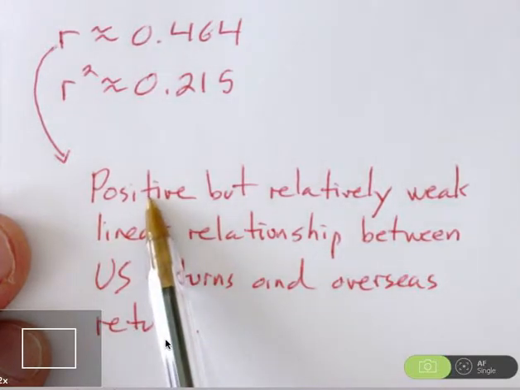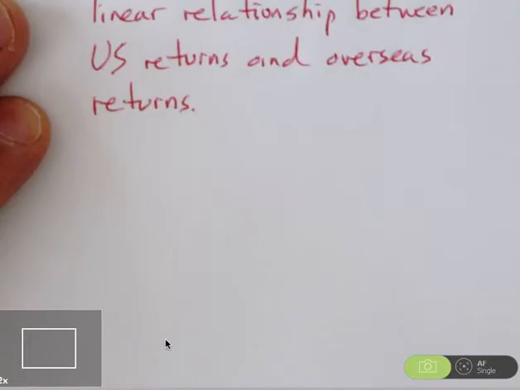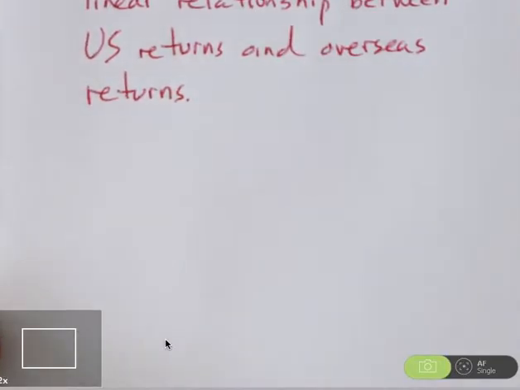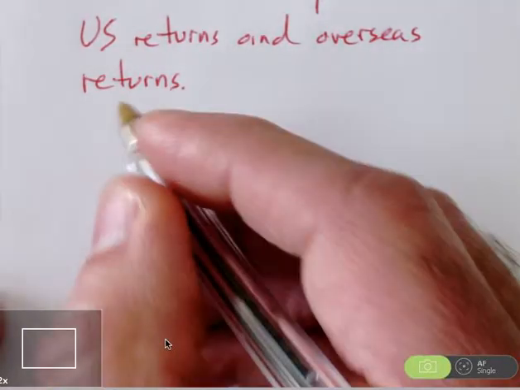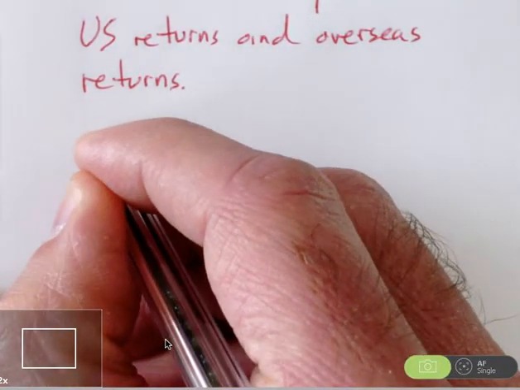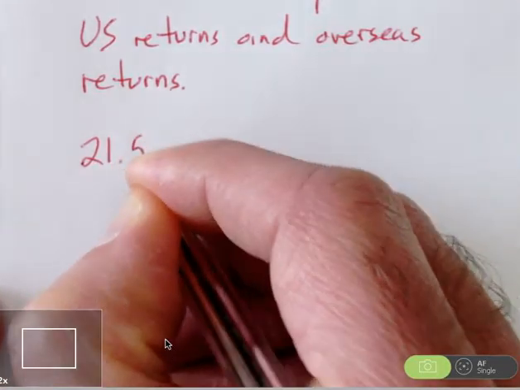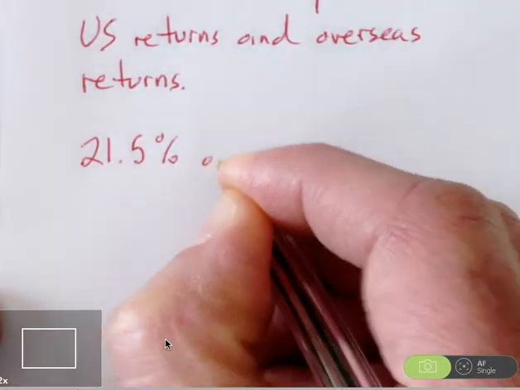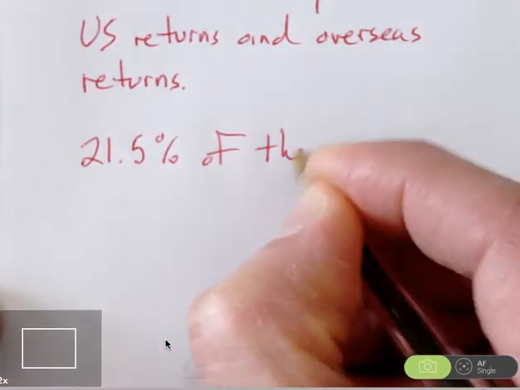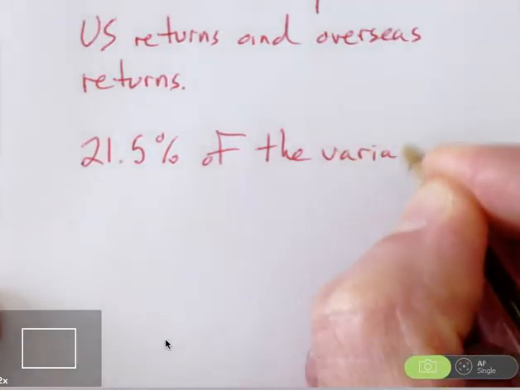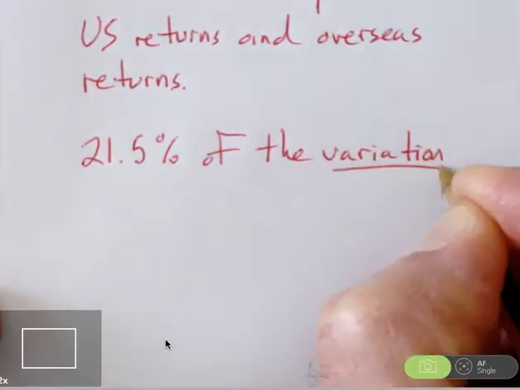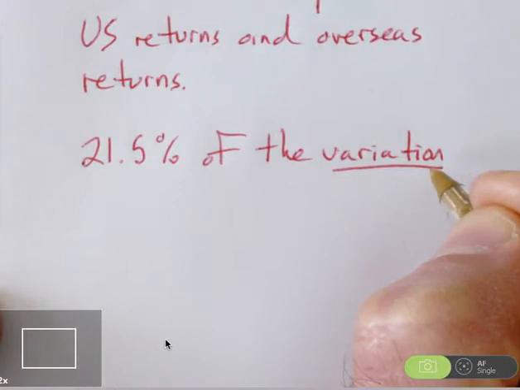So the interpretation of R squared, though, is very different. This has a lot more to do with the specific linear regression model that we have built. 0.215 says that 21.5% of the variability or the variation, and we're talking about the variation in the response variable, that is the overseas returns.